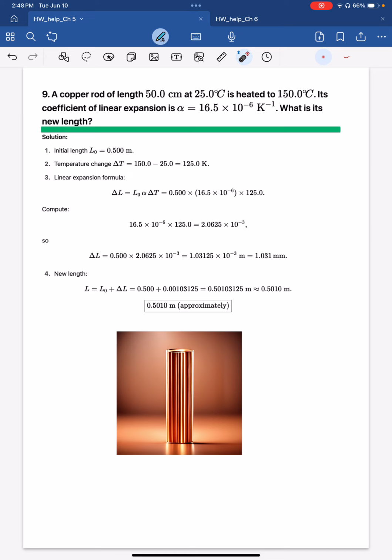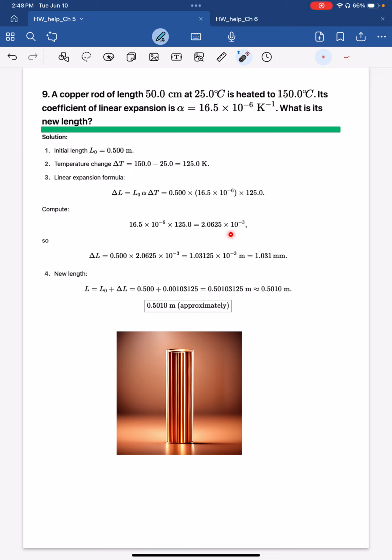So to find the new length, first you have to find the change in length due to heating. So here are the quantities: the initial length, L0, and the change in temperature, 150 minus 25. This is the formula for change in length due to heating. So you multiply the original length with the given constant times the change in temperature.